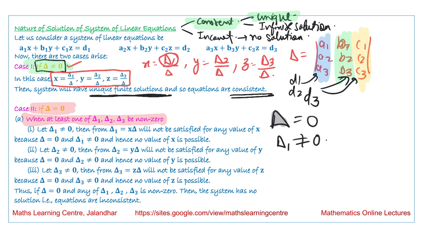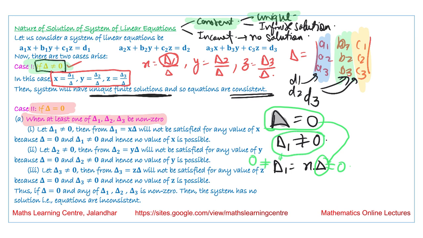What we get is that delta 1 is equal to x times delta. Now look at these conditions: this delta is equal to 0, and delta 1 is not equal to 0, and we want to find such a value of x.